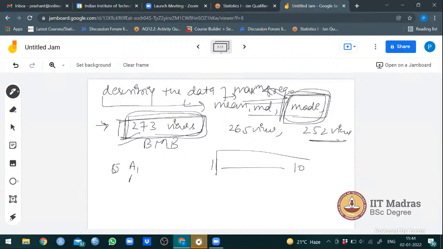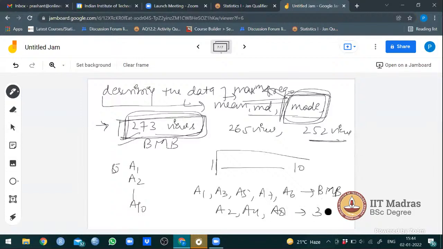You have A1, A2 up to A10 persons. Suppose A1, A3, A5, A7 and A6 give points for Bhag Milkha Bhag, and A2, A4 and A8 give for Three Idiots, and the remaining A9 and A10 give for Swadesh.